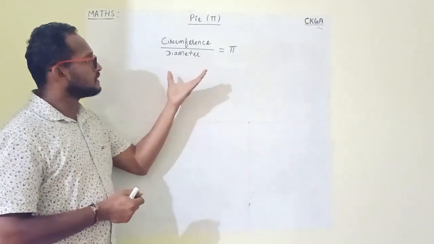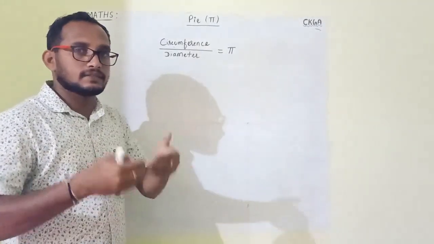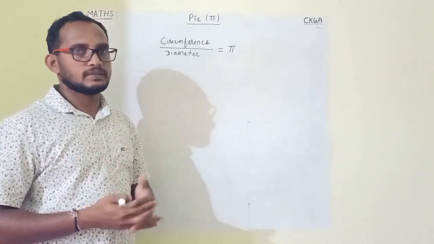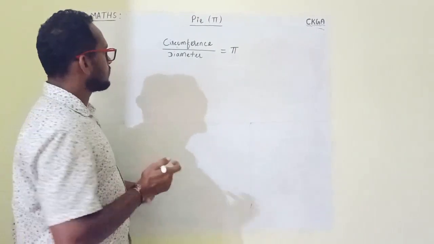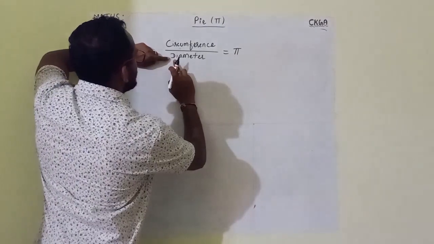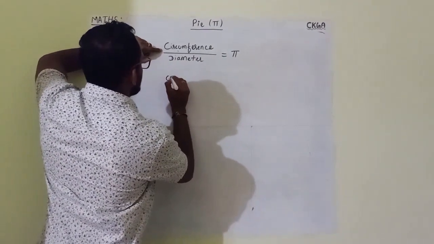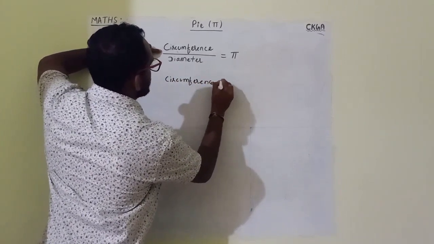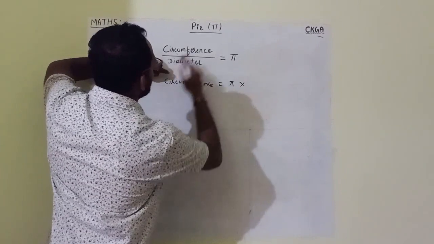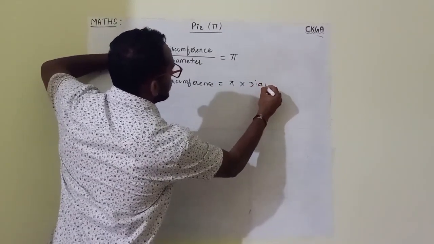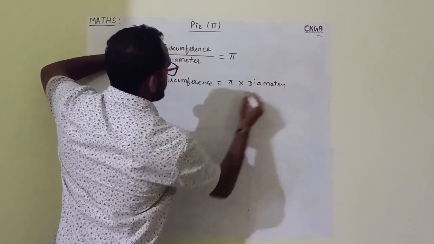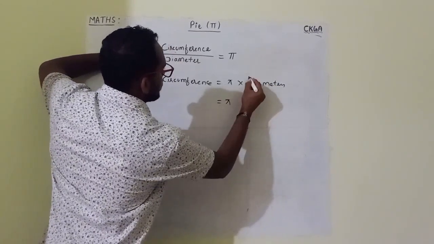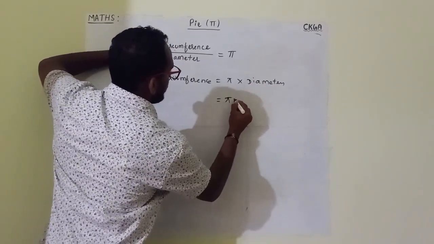Now using these concepts, let us derive the formula for the circumference of a circle. If you transpose the diameter, the circumference is equal to pi into the diameter, so pi d.